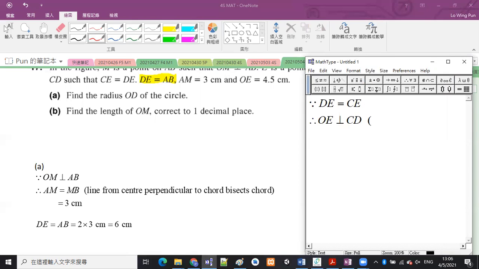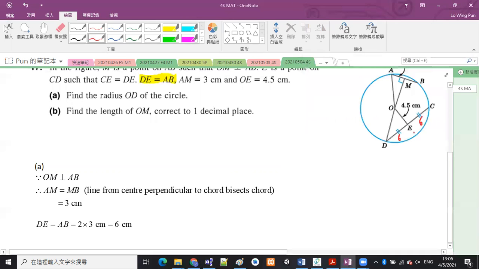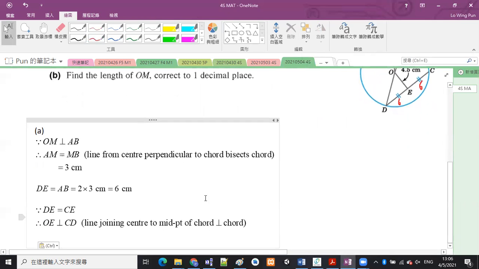So this is line joining center to midpoint of chord is perpendicular to chord. So OE is perpendicular to CD, which means that triangle OED is a right angle triangle. And then we can use Pythagoras theorem to find the length of OD now.